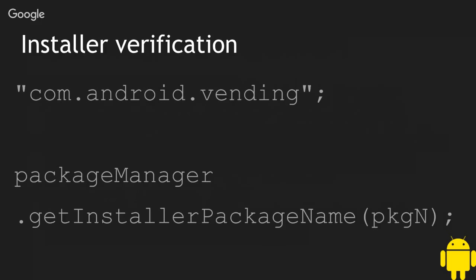Also, you can verify from which source your app was installed. You can query the package manager and get the package name of the installer. And if this string contains com.android.vending, it means that your app was installed from Google Play.